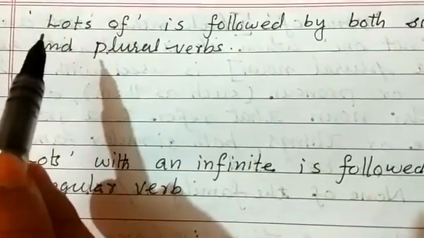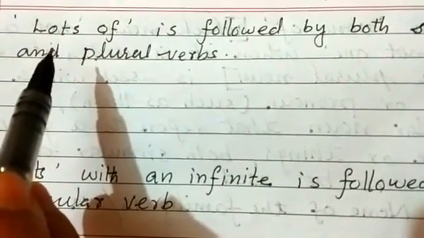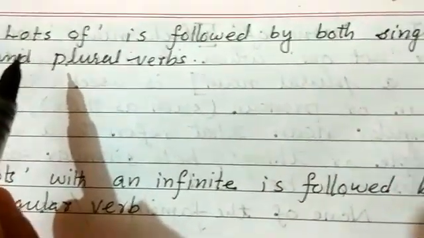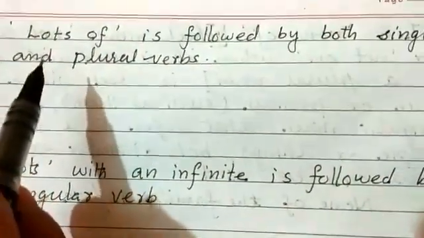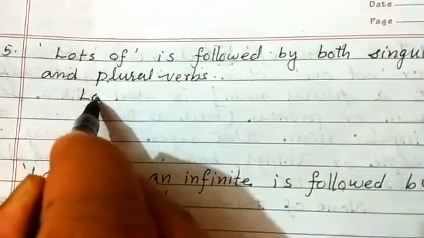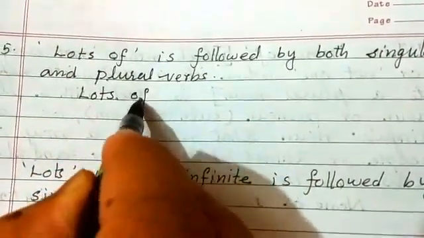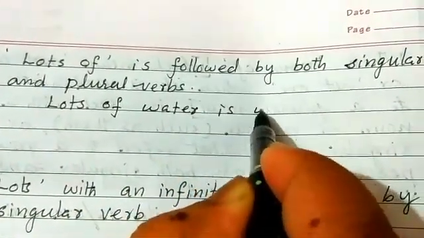Let us go to another rule. Lots of is followed by both singular and plural verb. For example, lots of water is wasted.